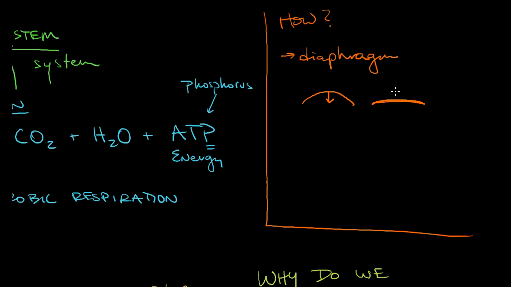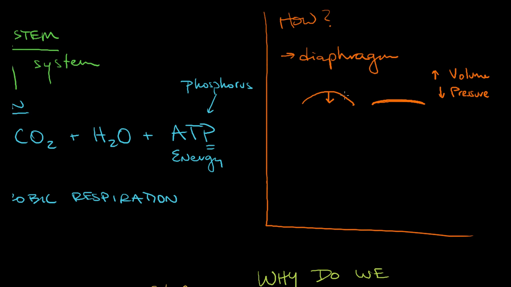And what that does, if you're thinking about your chest cavity, the space in your chest, is increase the volume. And by doing so, because the air molecules that were in your chest cavity have more space, this decreases the pressure. And when there's less pressure inside your chest cavity than in the atmosphere, air rushes in. And that's when you inhale.